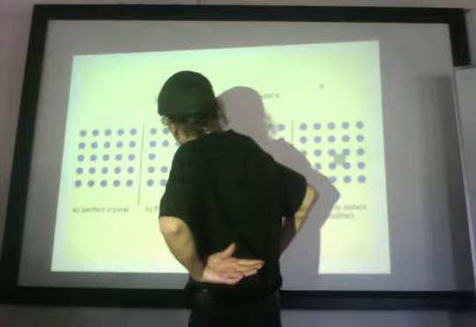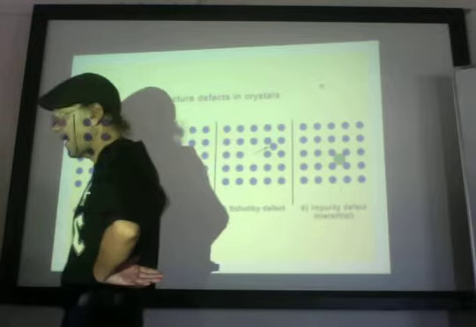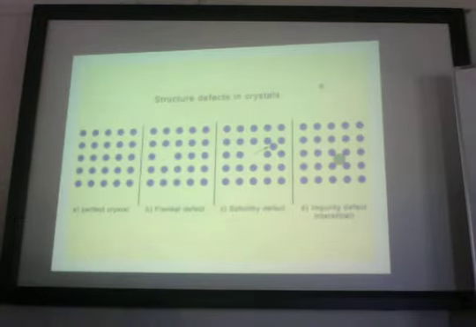For example, here number B, we have the Frenkel defect, yeah? I don't know why it is called the Frenkel defect, but maybe the scientist who discovered it had the surname Frenkel. But I'm not sure, and therefore this is not a question in the examination.